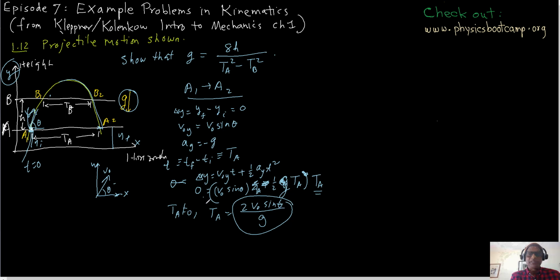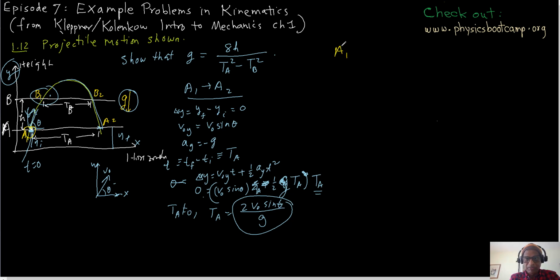let's see how we're going to handle b1 to b2. So rather than do b1 to b2, because then I'll need the initial velocity there, which we can work out, that's another way to do it. But I would much rather prefer to do a1 to b1 or b2.